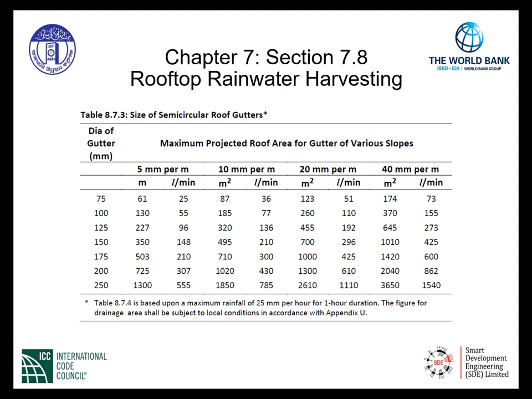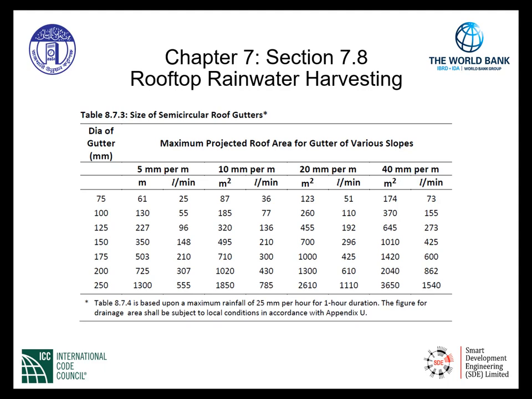The second column gives us 5 millimeters per meter, as well as the area of roof in square meters and the flow in liters per minute. The next categories are 10 millimeters per meter slope, 20 millimeters per meter slope, and the last column indicates 40 millimeters per meter slope accordingly.